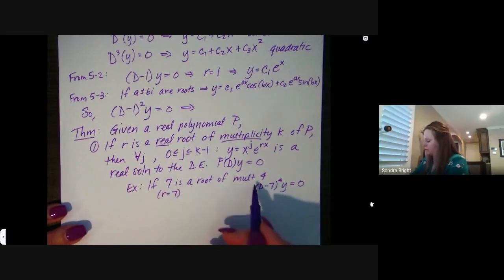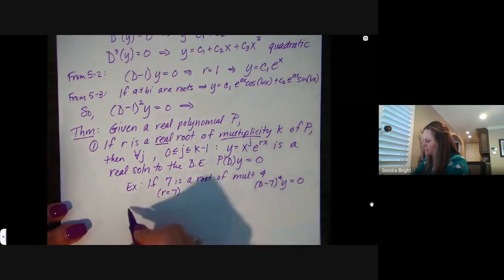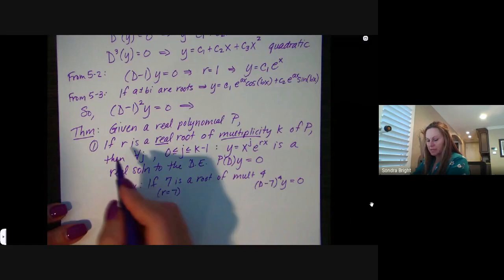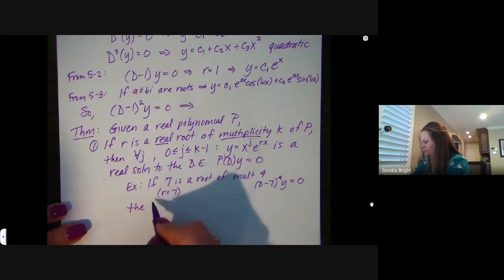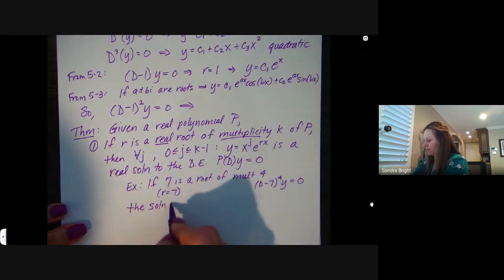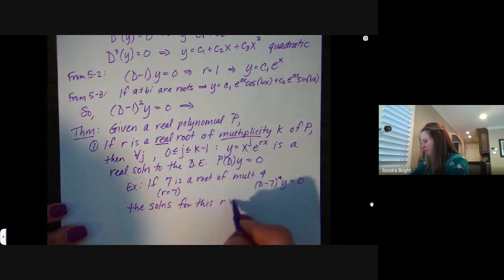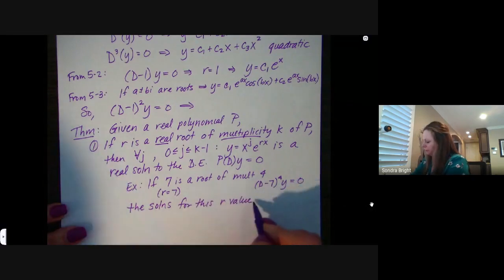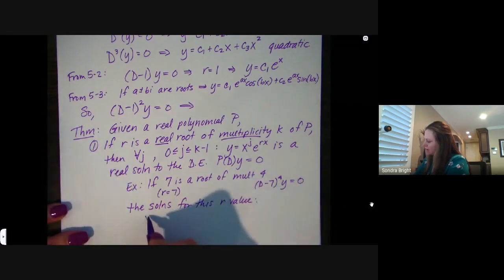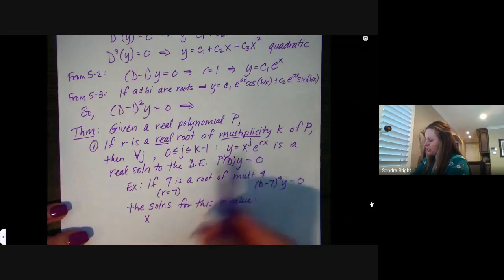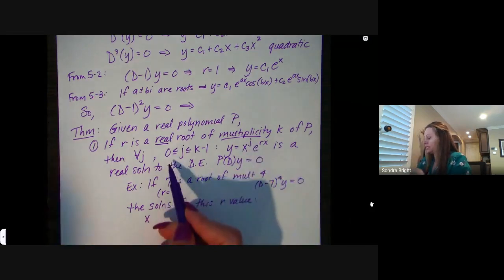So what part 1 of this theorem tells us is that the solutions for this r value are, you're going to start with j and include all of the j's until you reach 1 less than the multiplicity.